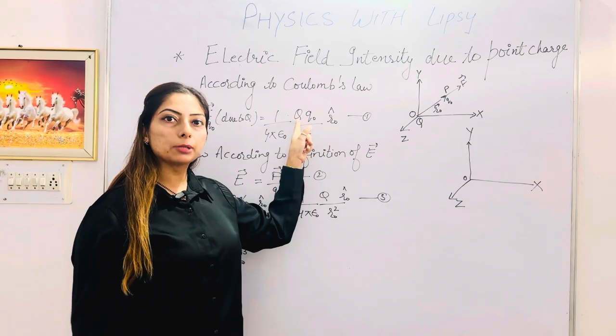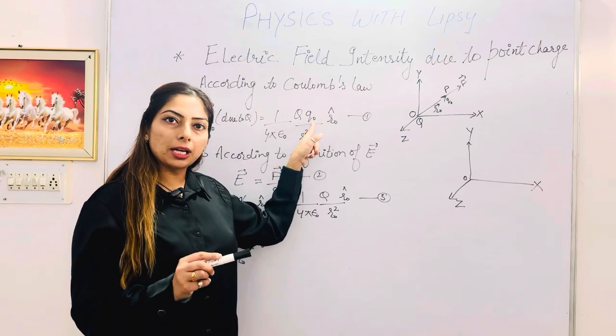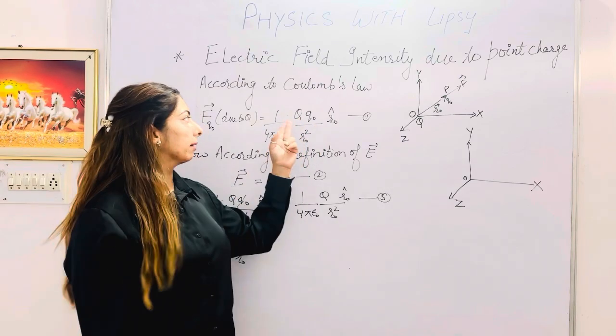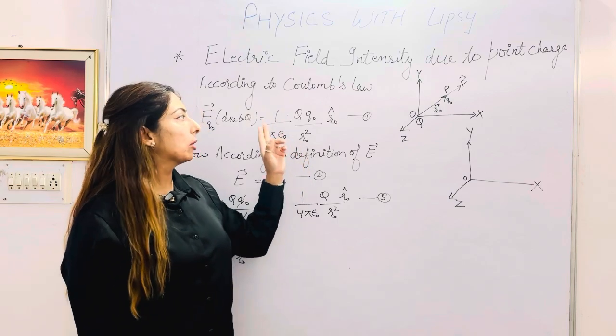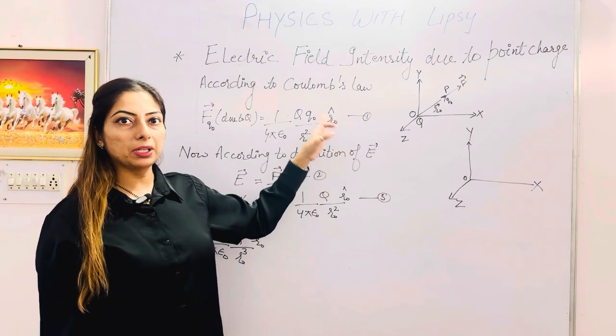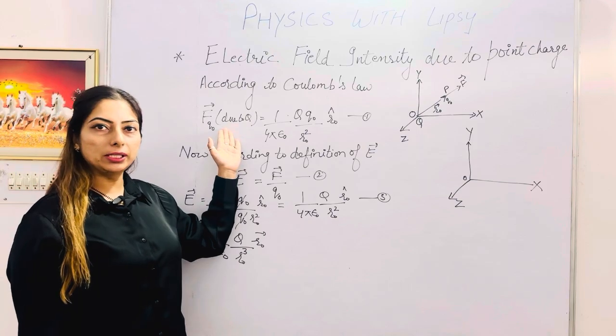Capital Q is the charge because of which we need to find out the electric field, and Q naught is the test charge at which we have to find out the electric field. So our charges are here Q and Q naught, and the distance between them is R naught square. Because we are talking about vectors, so we will put the unit vector here because we are doing this article in a vector form. So this will be our first equation.